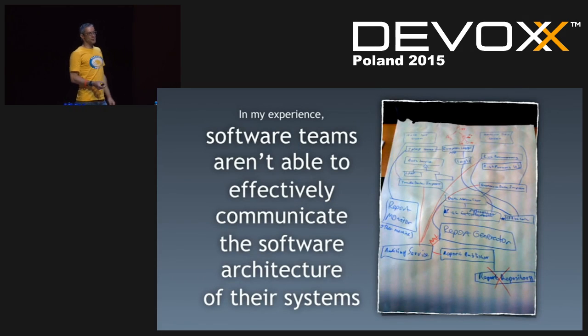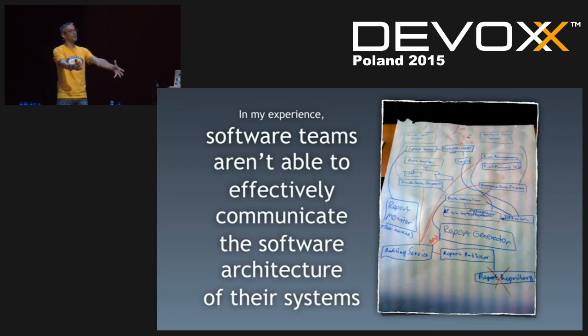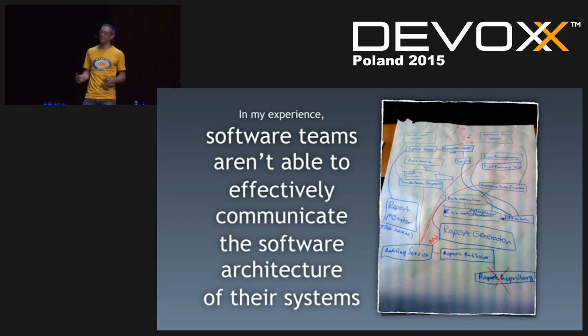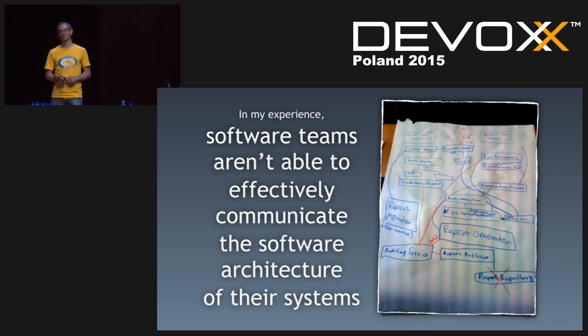I run workshops all around the world, and I teach people how to draw pictures, which sounds crazy, I know. One of the things I do is I give people some requirements and say, here are some requirements, go and design a solution, and draw some pictures to subsequently describe that solution to me. And people really struggle with this. I'll give you some examples.